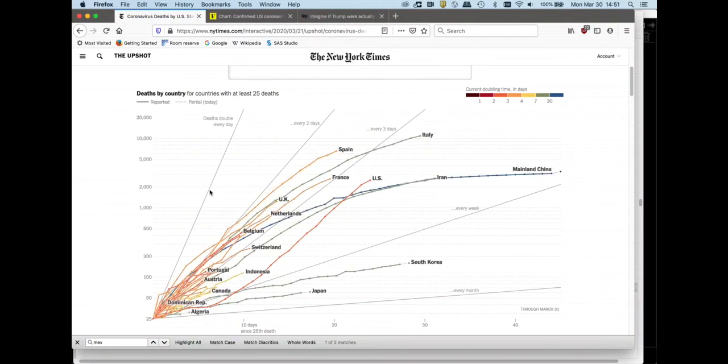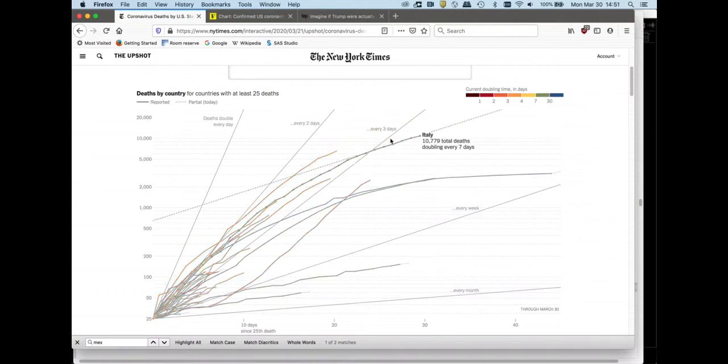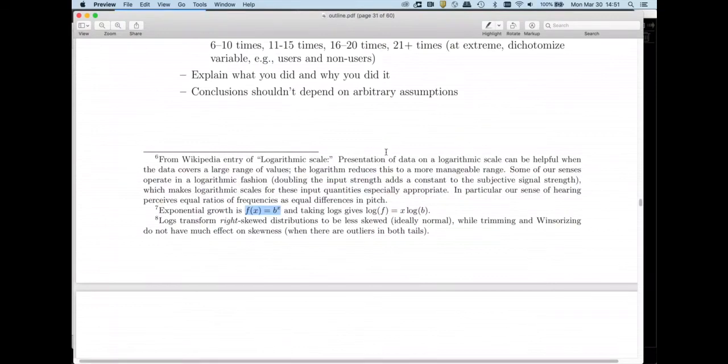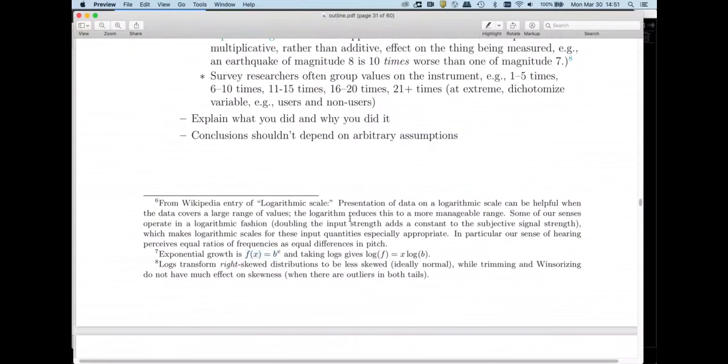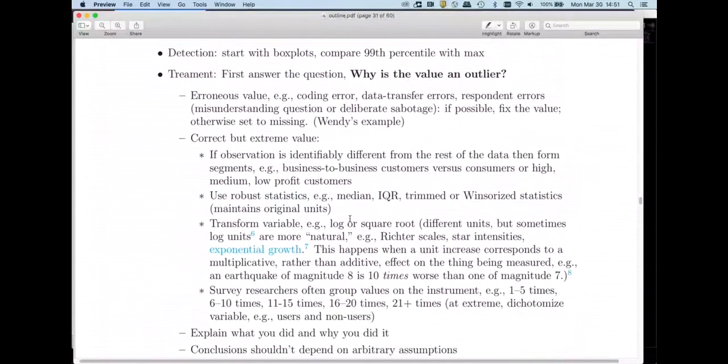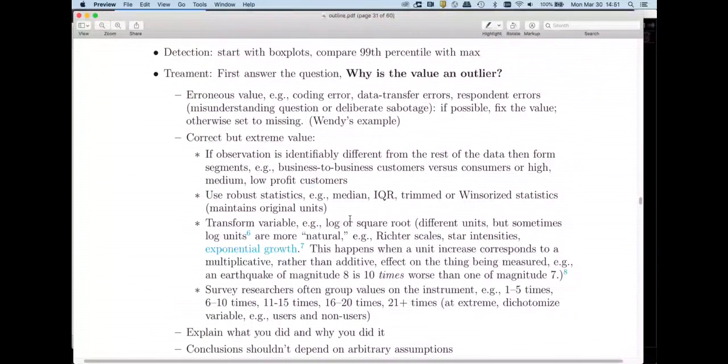For example, any country that had this slope would be doubling every day. So it'd be like a base 2 log with a coefficient of 1. Here you're doubling every other day, every 3 days. All right, so in that instance, it makes a lot more sense to plot it on a log scale, and I never thought I'd see a log scale in the popular press, but we are seeing it.